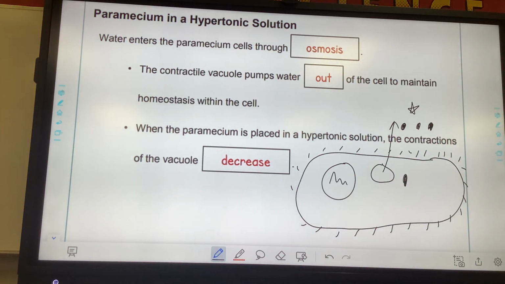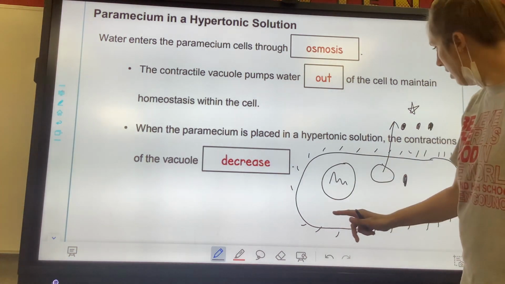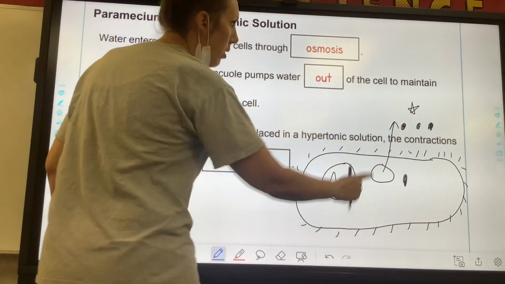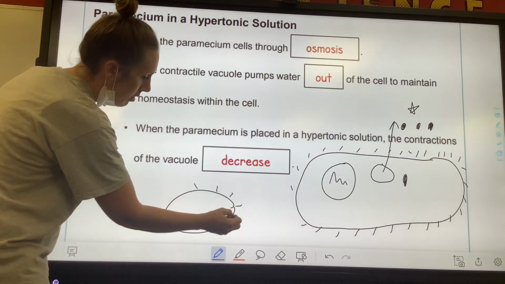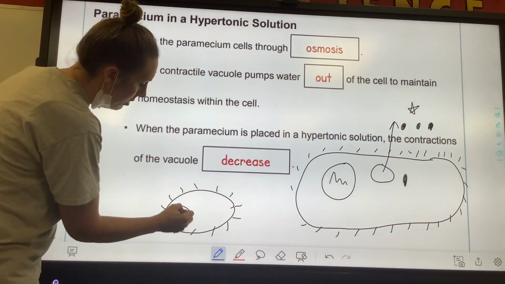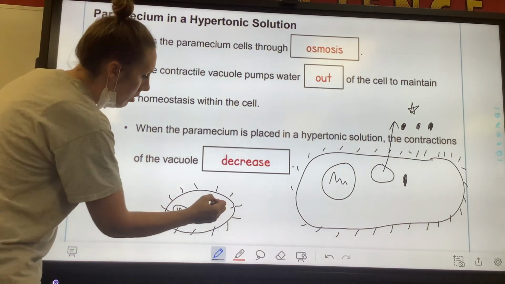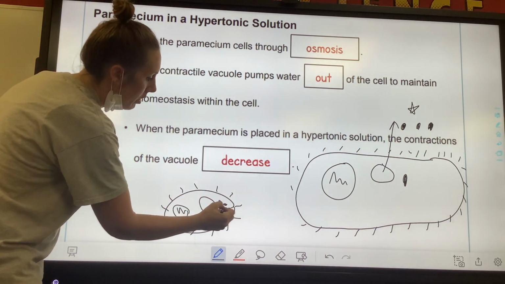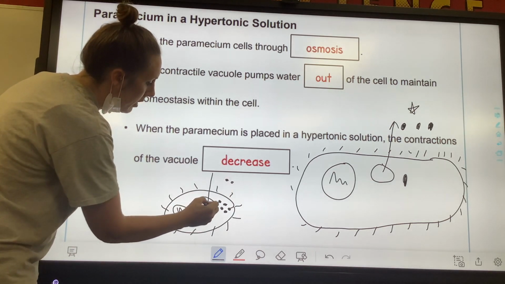I'm going to have you draw this and label it right here, and then we're going to draw the two scenarios. So draw that one, and then I'm going to draw another one. Here's your nucleus, here's your vacuole, and then I'm going to draw 1, 2, 3, 4, 5, 1, 2. Water is going to go into the vacuole.